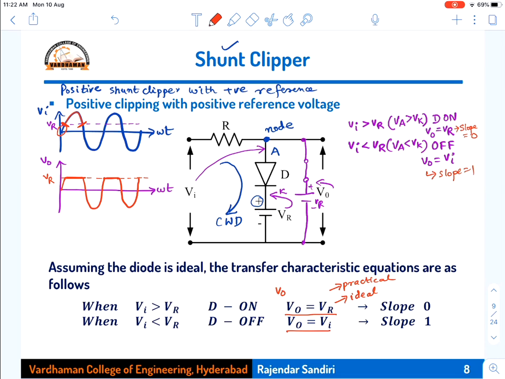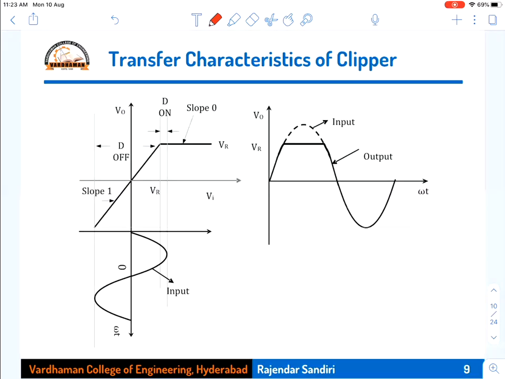Then your output voltage V0 is equal to V gamma plus VR. In the practical case you get V gamma plus VR, but in the ideal case it is just VR because V gamma is equal to 0. So these two are the characteristic equations, and their slopes are 0 and 1. Now you can draw the transfer characteristic plot for this one. The transfer characteristic plot will become like this.